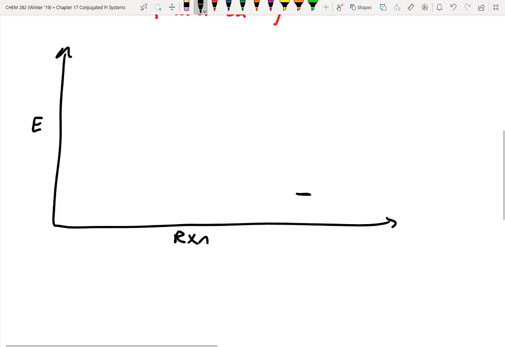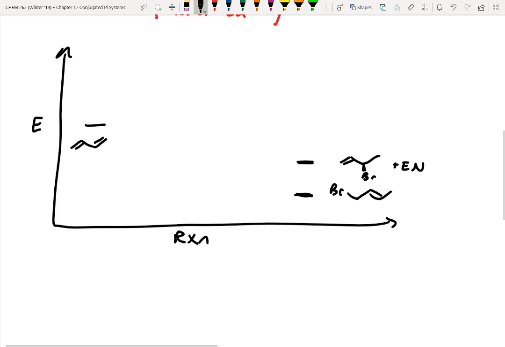And we know that our thermodynamic product is going to be lower in energy than our kinetic product because it's the result of a more substituted alkene. Does that make sense so far? Our starting material was going to be the same regardless of what product we're making.